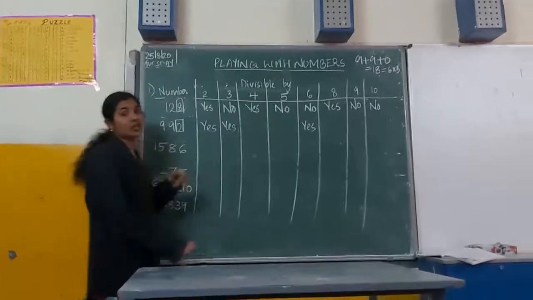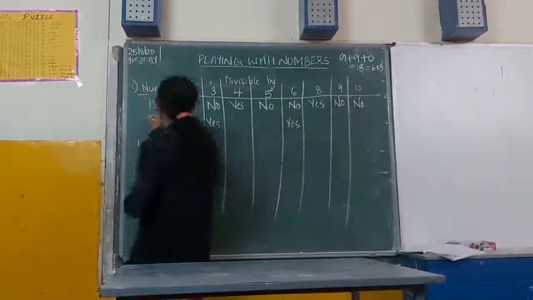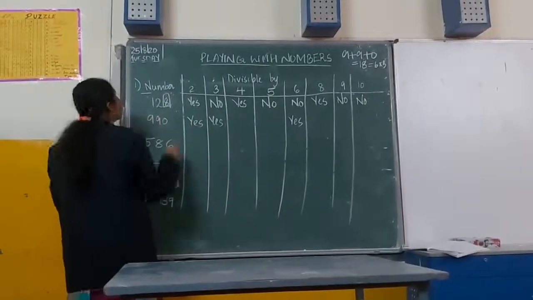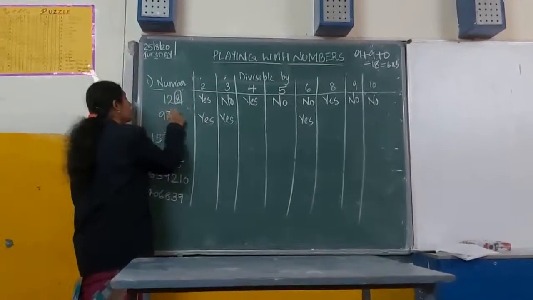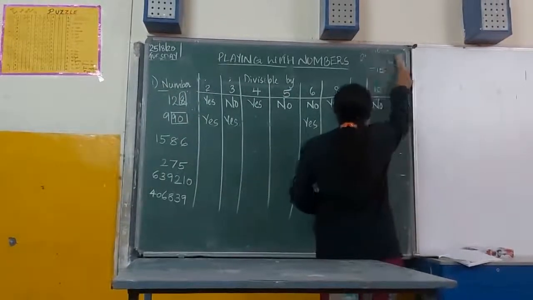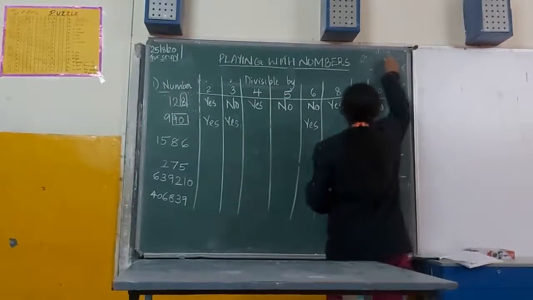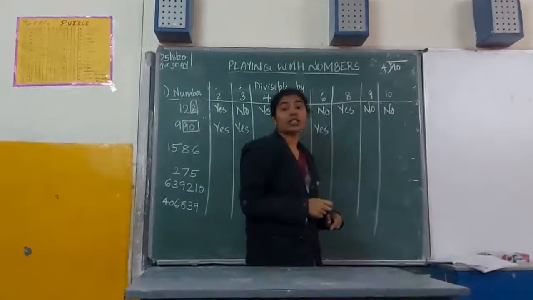Next, you want to check the divisibility by 4. How to check the divisibility by 4? See the last 2 digits of the number. What is that? 90. And see if this number is divisible by 4. How to check the divisibility?